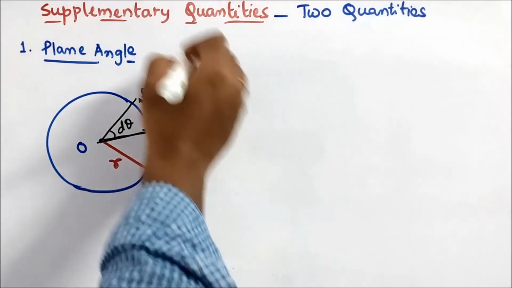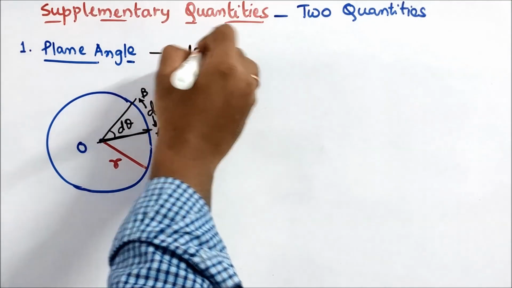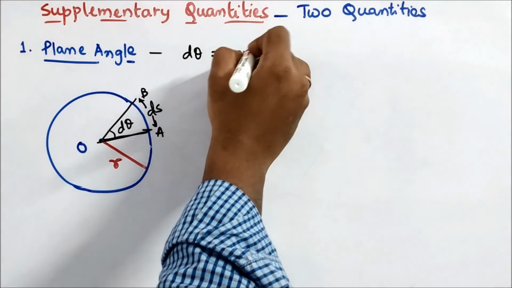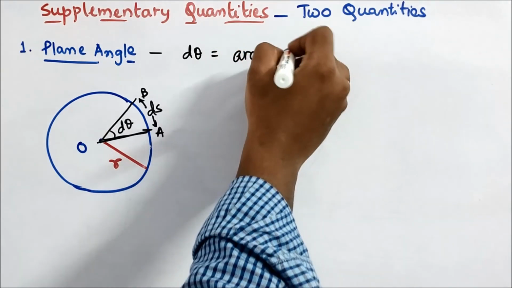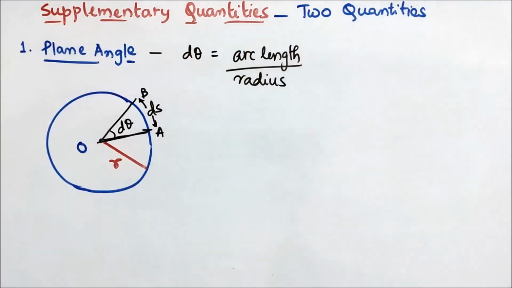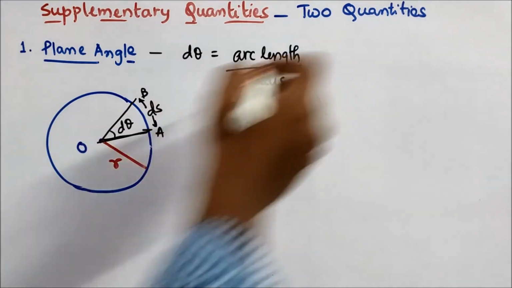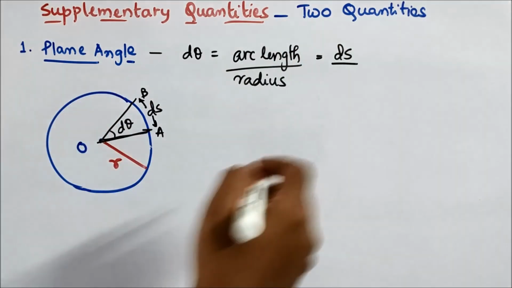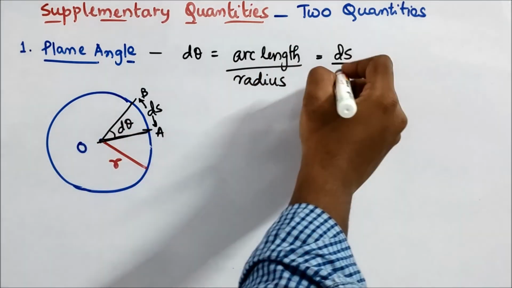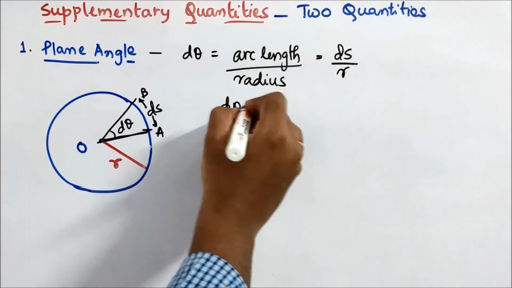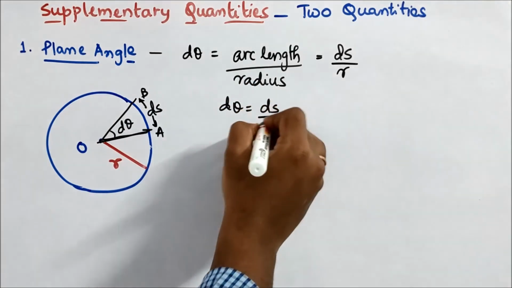So plane angle d theta is defined as arc length by radius. The arc length we have taken as ds and the radius is r, so d theta is equal to ds by r.